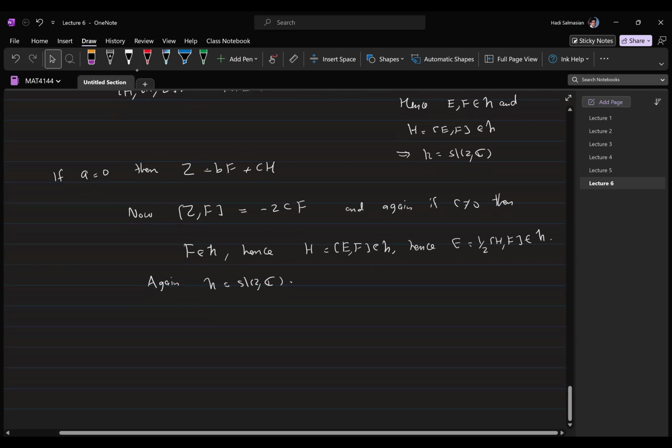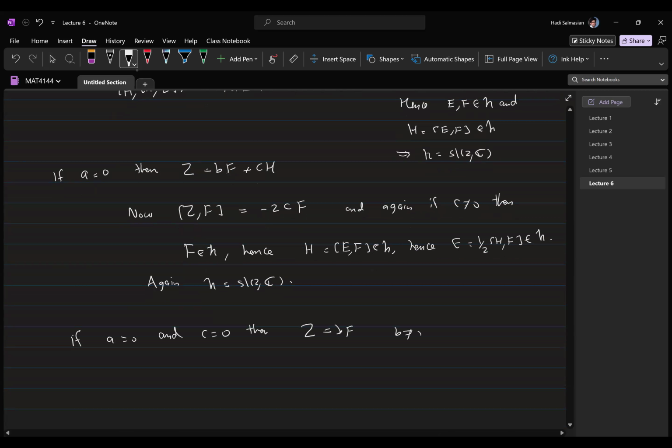Okay, and finally, if A is 0 and also C is 0, then Z is BF, where B is non-zero.